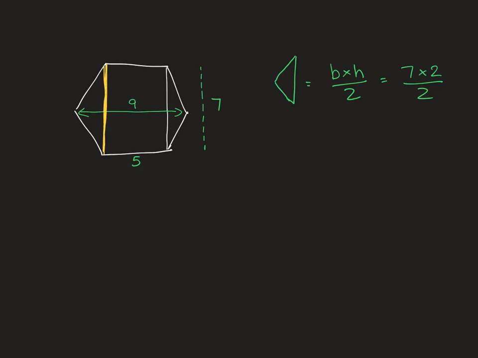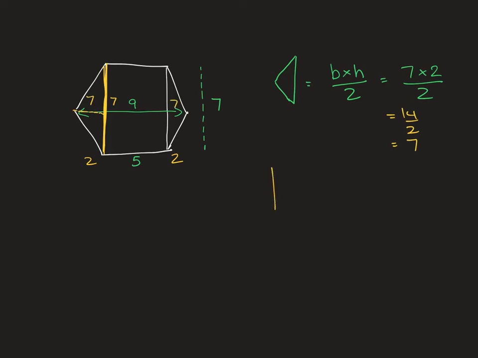Even though it's tilted to the side, it's going perpendicular to the height from the tallest point to the bottom. So that would give us 7. And then the 2, we can break the 9 up into 2, 5, and 2. So the height is 2. So that would give us 14 over 2, which is 7. So each little triangle is 7.